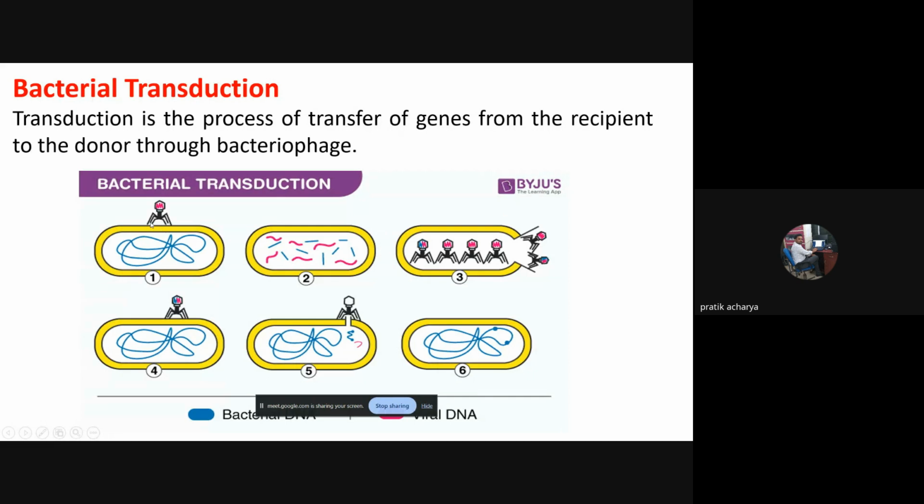They first attach to the bacterium, then they incorporate their genetic material, which makes a change inside the bacterial cell. What type of change? The genetic material which was not earlier present in the bacterial cell now develops inside the bacterial cell.